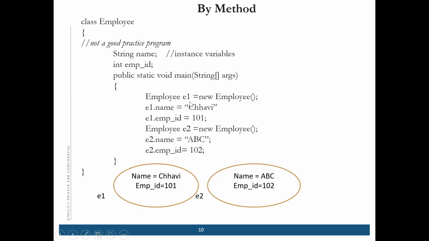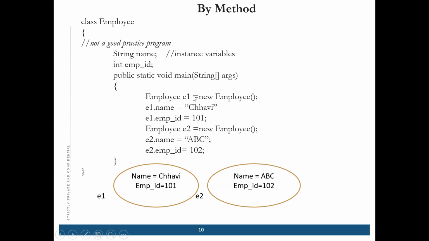The third option is, when you create an object, you can set the E1 name as Chavi, E1 employee ID as 101, and the E2 object name as ABC and E2 employee ID as 102. This solves the problem that all the employees have different names.